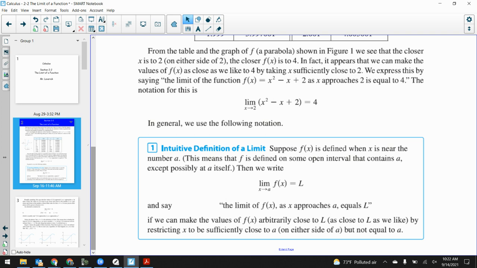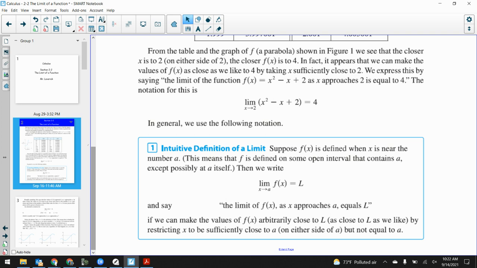Of the function, right? The limit as x approaches a of f of x is equal to some number L, and we use a capital letter when we're just generalizing it. For example, the limit as x approaches 2 of that function was 4.